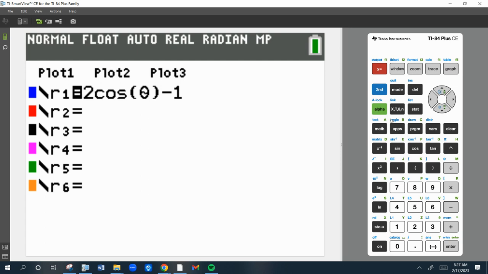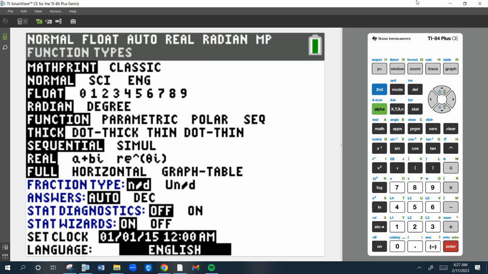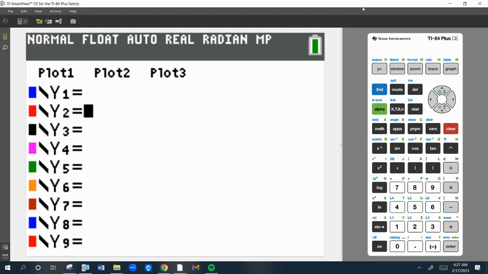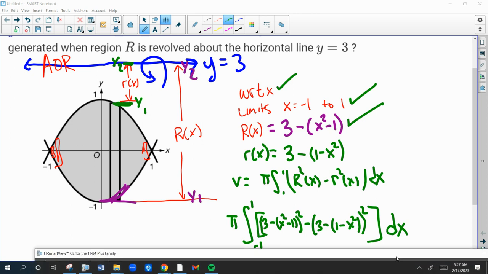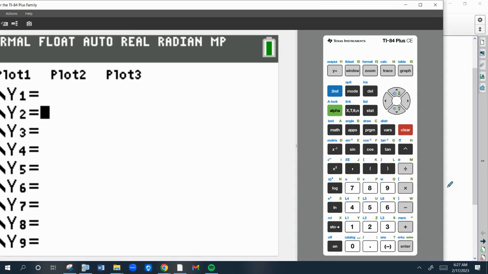You can see I'm on the wrong mode here. I'm in polar mode, so we're going to switch back to the regular function mode. Clear all this stuff. So I'm going to type it. Well, we have 3 minus x squared minus 1 squared. Let's just type it in exactly how it is.